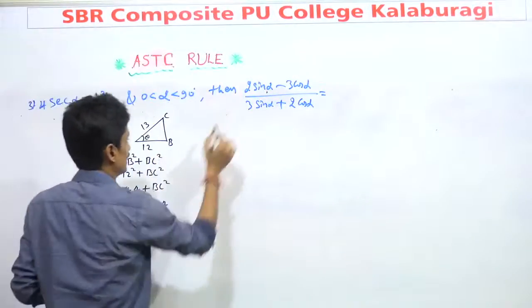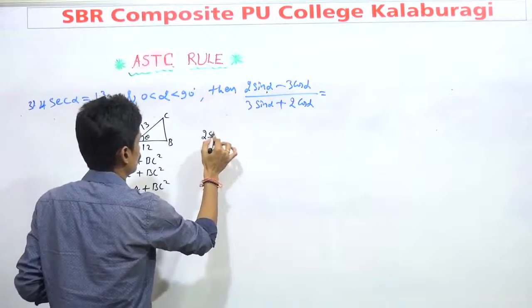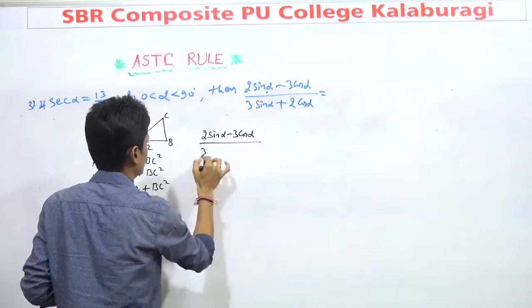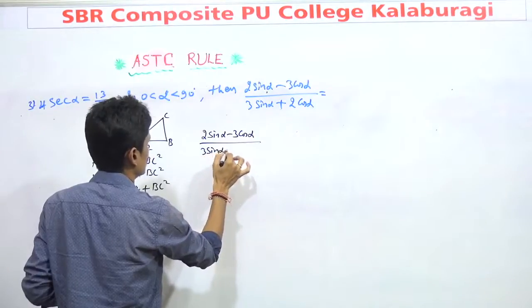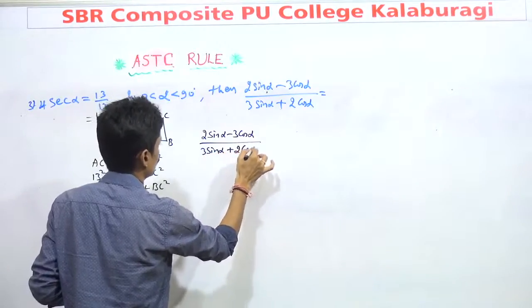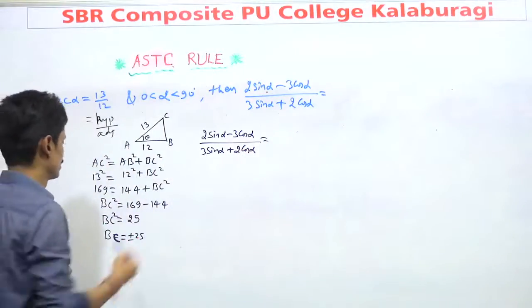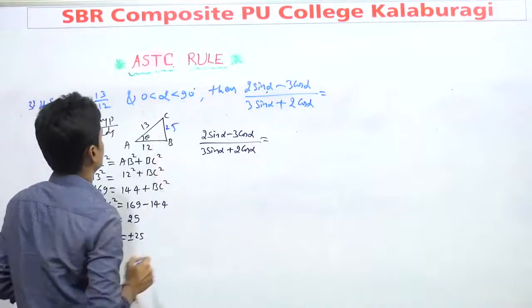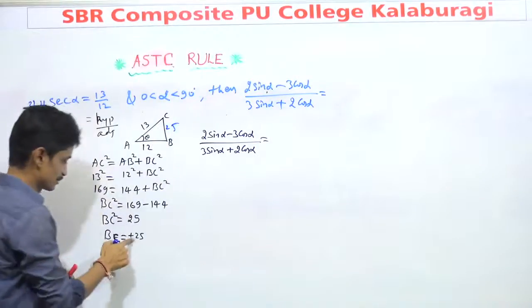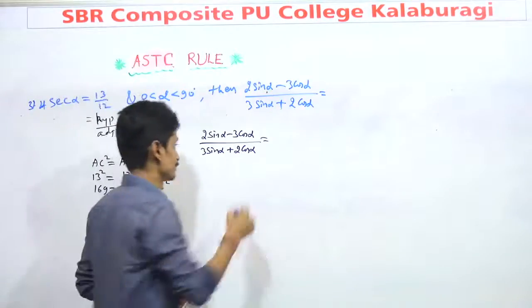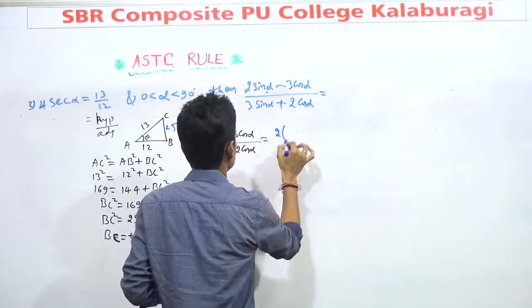Now we evaluate: 2 times sine alpha minus 3 times cos alpha divided by 3 times sine alpha plus 2 times cos alpha. Substitute one by one. This BC we get as square root of 25, and in the first quadrant this is positive, that's why I will remove the negative sign. Only the positive quantity I need. Now 2 times sine alpha.